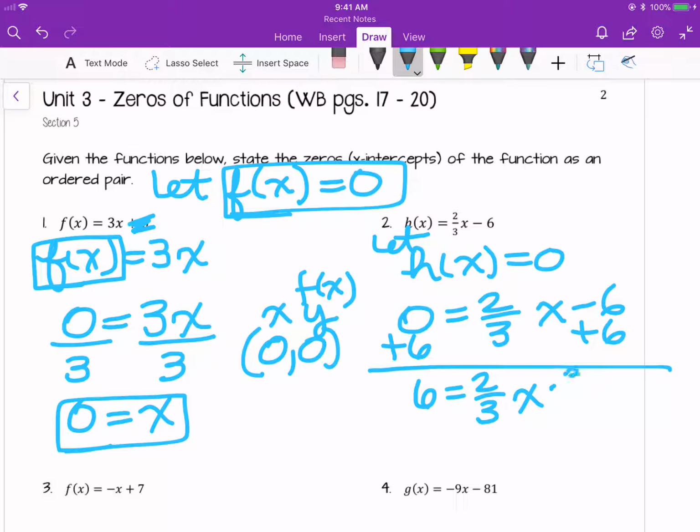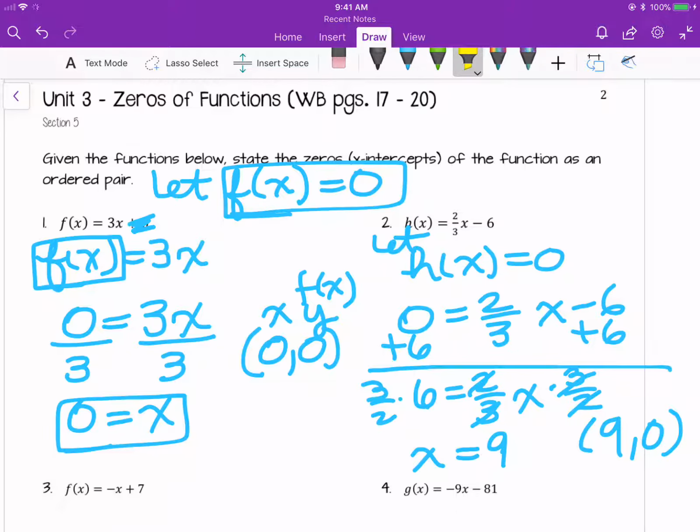To get x by itself, I multiply by the reciprocal. So x here is equal to, these cancel out, 6 times 3/2 gives us a 9. So the ordered pair is going to be 9, 0. And I'm going to highlight our answers here. So for number 1, it's 0, 0, and number 2, it's 9, 0.